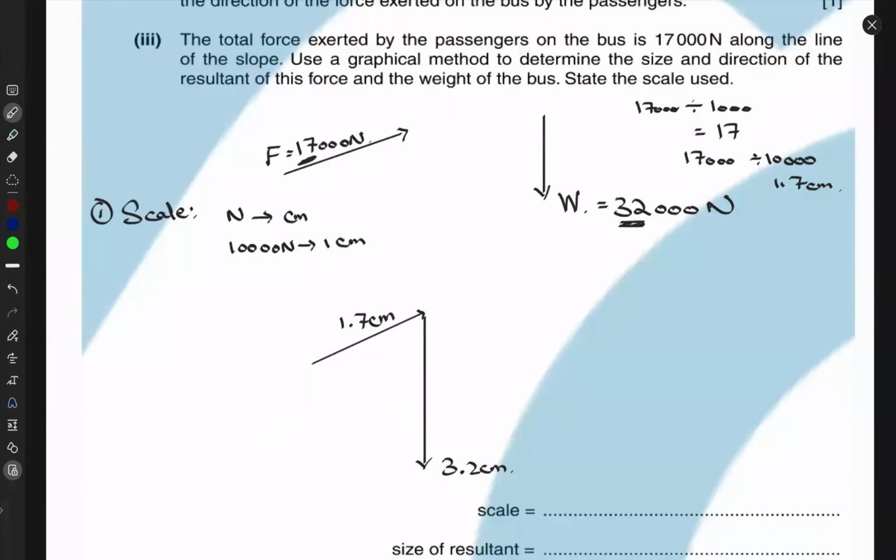Yes. All right, great. So how can I draw a resultant vector for these two vectors? From where should I start and where should I end this vector? Anyone can tell me, what do you think?